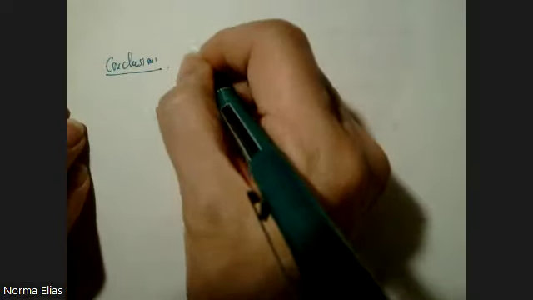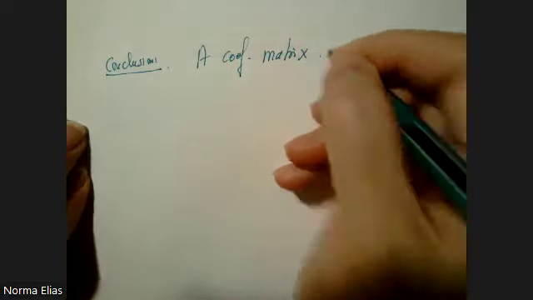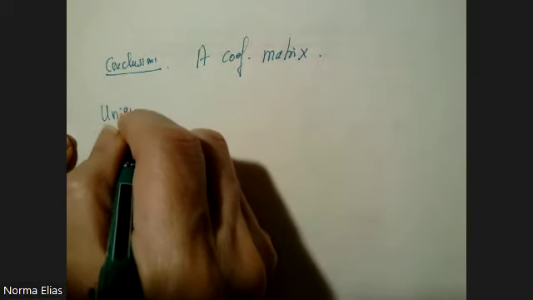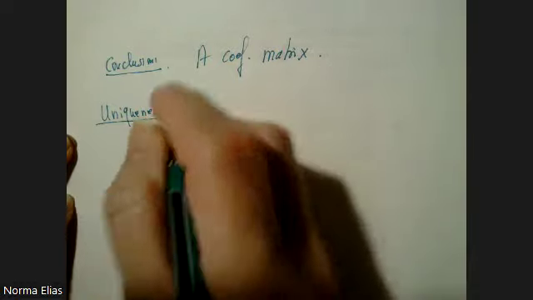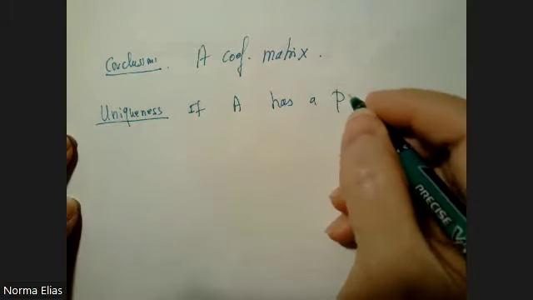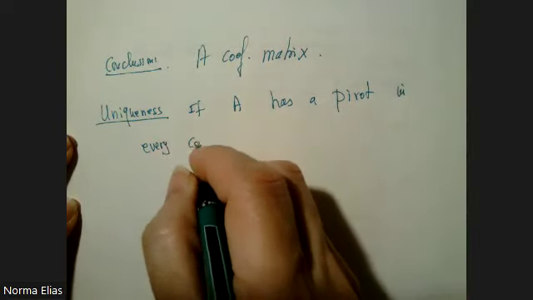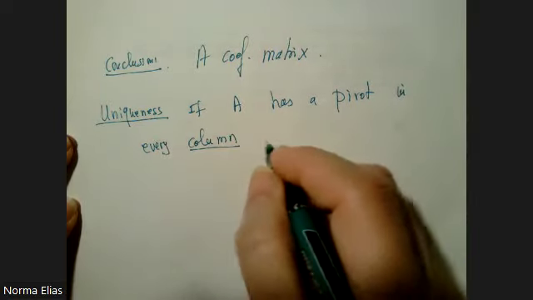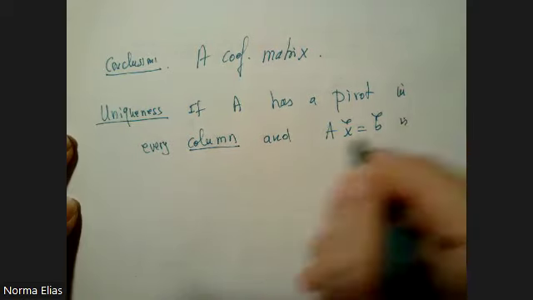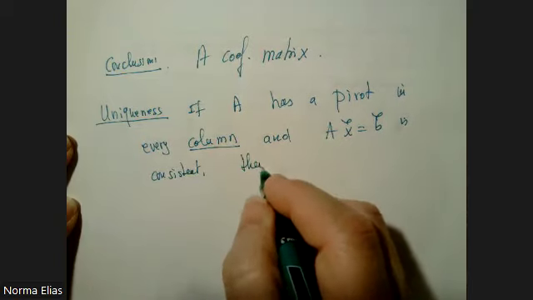Suppose A is the coefficient matrix. Then uniqueness: if A has a pivot in every column, and Ax equals B is consistent, then the solution is unique.